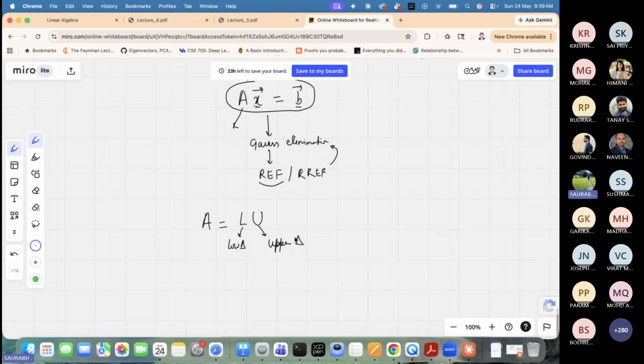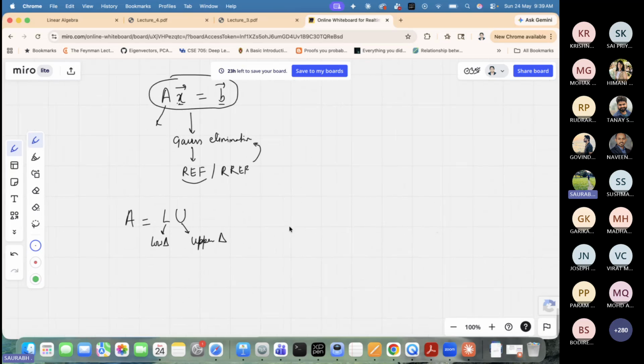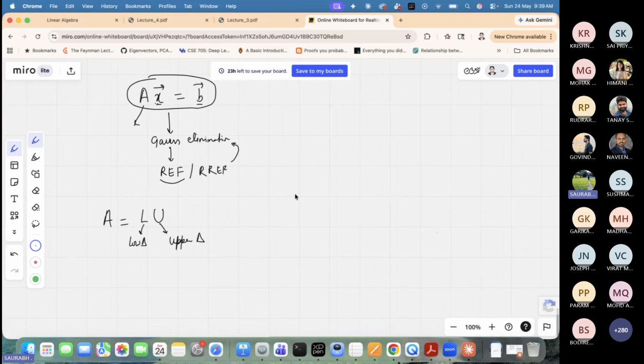You know what essentially is a lower triangular matrix and upper triangular matrix? A lower triangular matrix is, let's say that if you have a matrix like this, if you have elements, let's say, 1, 2, 1, 0. So if you see, everything above the diagonal elements are 0, and below the diagonal elements there are non-zero elements.